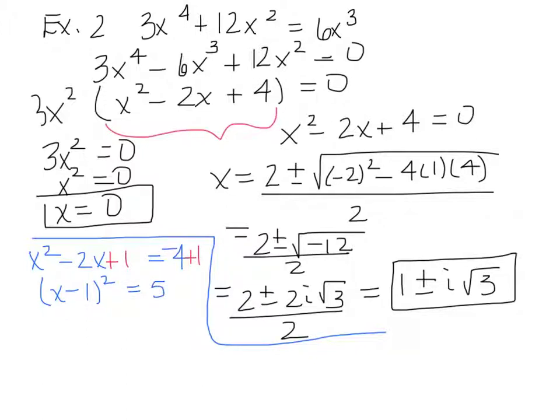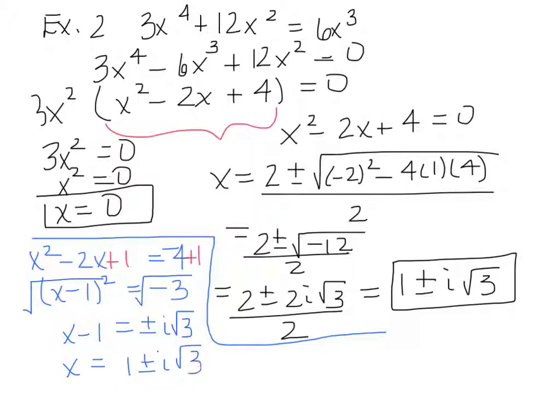Excuse me, that's a negative 4, which will make this negative 3. Then you square root both sides. And see, you get the same answer. So you can do completing the square or quadratic formula when you can't factor it, or those two methods, quadratic formula and completing the square, will always work.